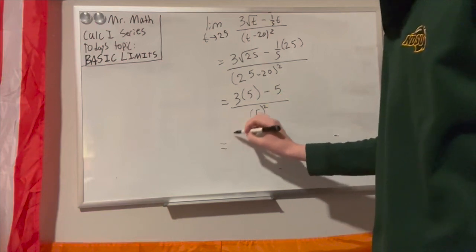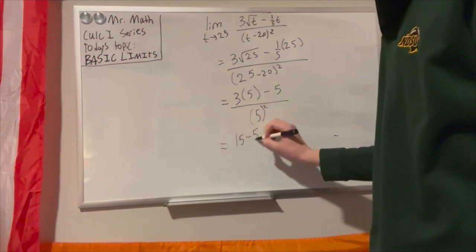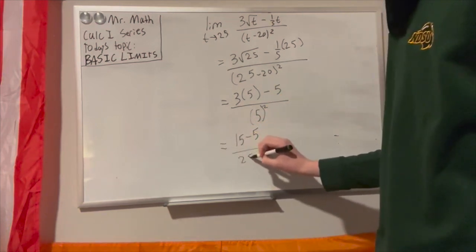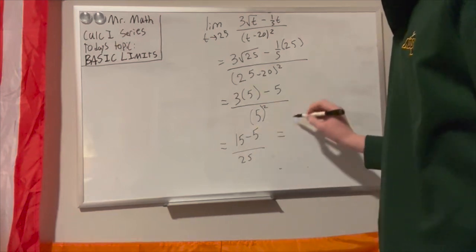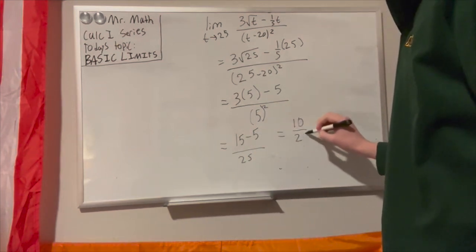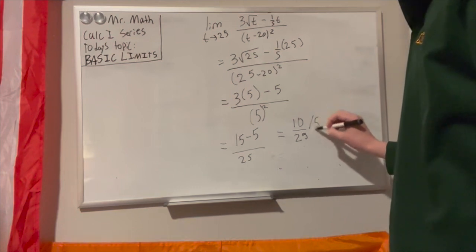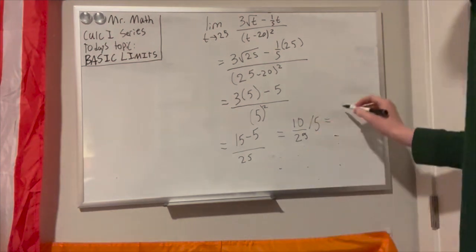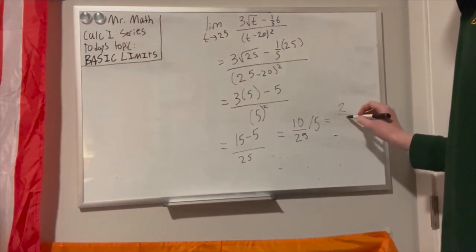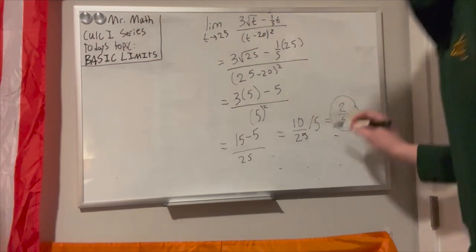This simplifies to 15 minus 5 over 25. This simplifies to 15 minus 5 is 10 over 25. Let's divide both of them by 5, and this yields 2 over 5, and that is our answer.